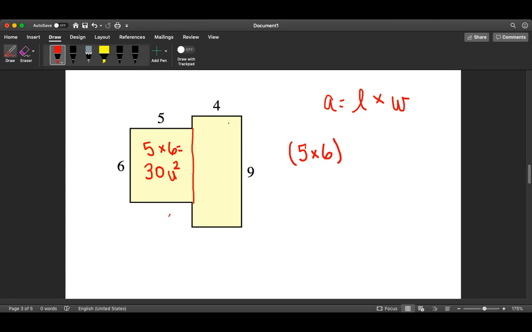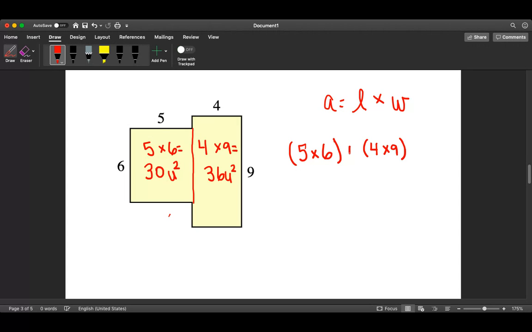And so my second problem, or the second rectangle, has the length of 4 and width 9. 4 times 9 equals 36 square units. And so the second problem that I solved for the second rectangle was 4 times 9.